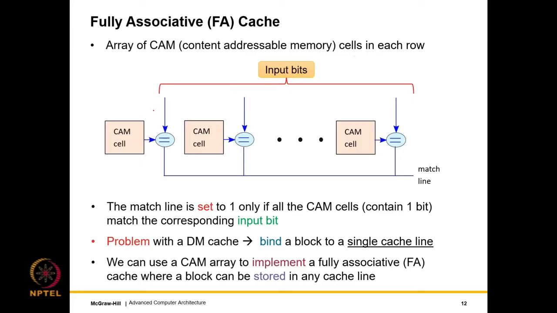So the way that CAM cells function is like this: each CAM cell stores a single bit. We compare this single bit with one of the input bits. So let's say this is bit B1 and the input bit is I1. We compare them. Similarly, we compare B2 and I2.